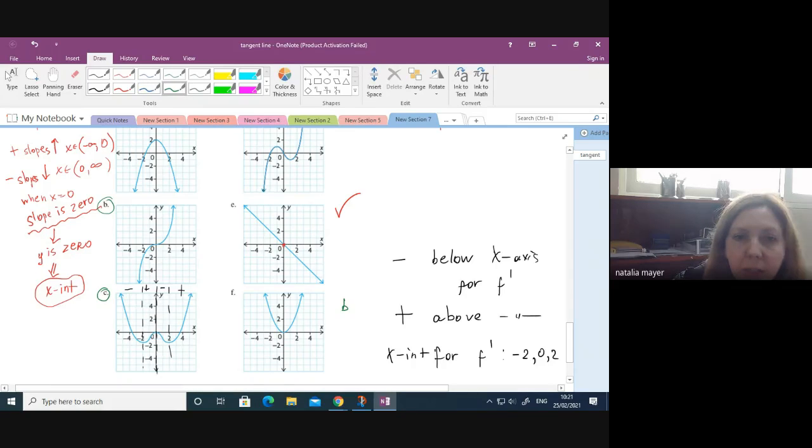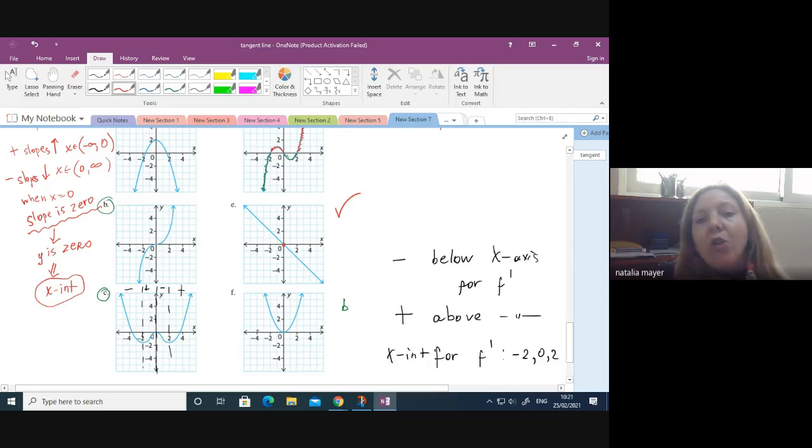Here it is, until -2, below x-axis. From -2 until 0, positive, above x-axis. And then from 0 to 2, negative, below x-axis. And finally, from 2 until infinity, positive, so it's above x-axis.